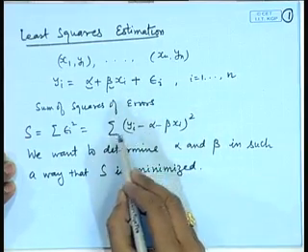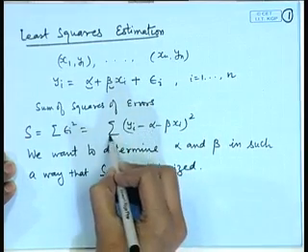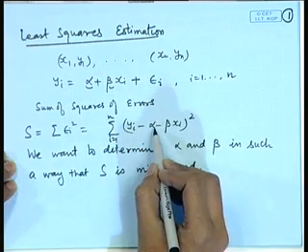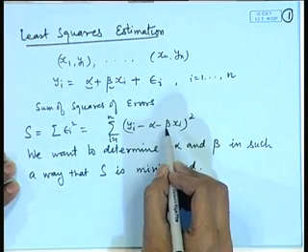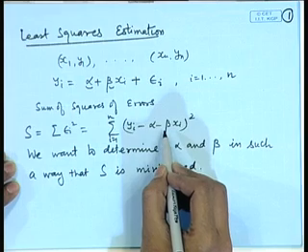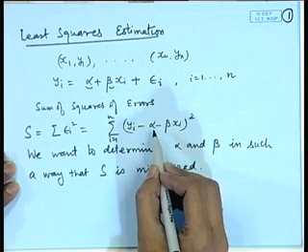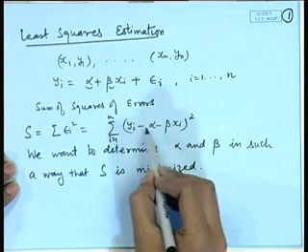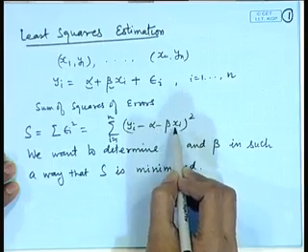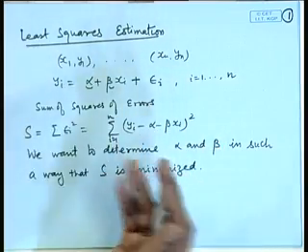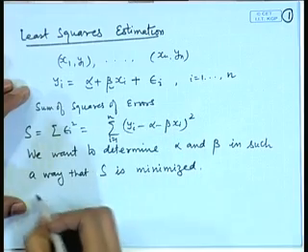Now, by looking at the nature of this function, it is easy to see that the minimizing choices of alpha and beta will be obtained when the first order derivatives of S with respect to alpha and beta are equal to 0, because here it is a quadratic function in both alpha and beta, that means it is a bowl shaped function, and therefore, the minimization will occur when the first derivative is 0.